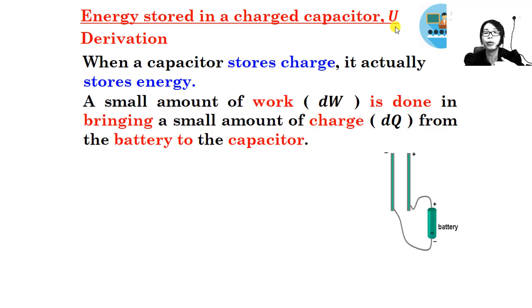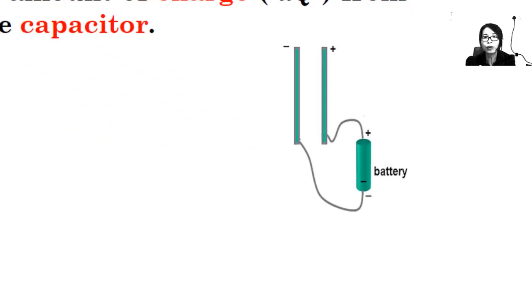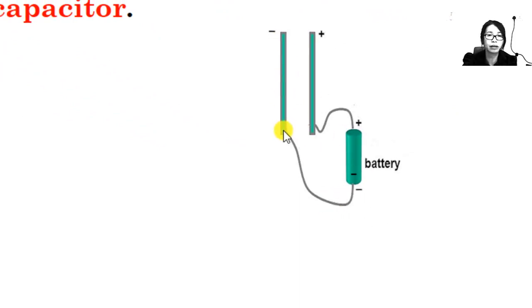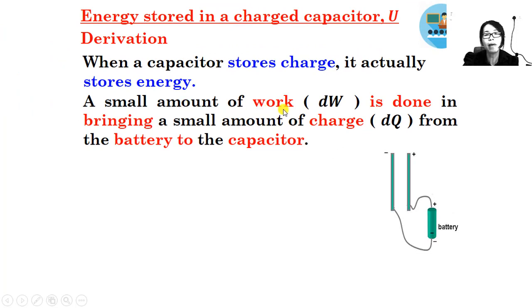If we want to store charge in the capacitor, we have to move the charge from the battery to the plates of the capacitor. So a small amount of work dW is done in order to bring a small amount of charge dQ from the battery to the capacitor.